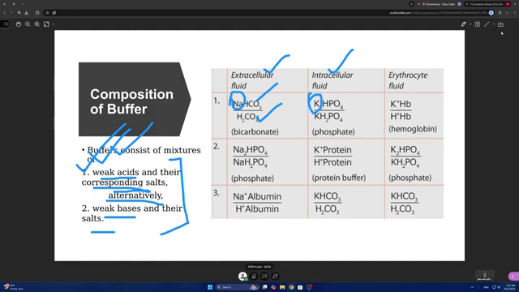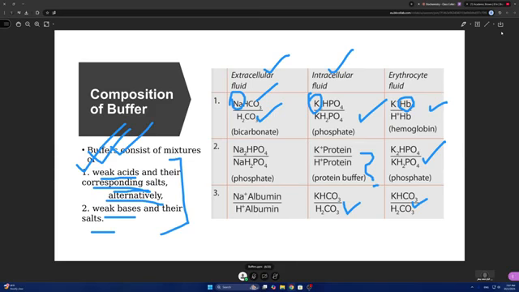If it is potassium, it is intracellular. Erythrocytes have a specific kind of protein, that is hemoglobin, so you can have an idea. The rest of the things, as you can see, are the same. The only difference is in the protein: here there are different kinds of protein, but here mainly hemoglobin in the RBCs.